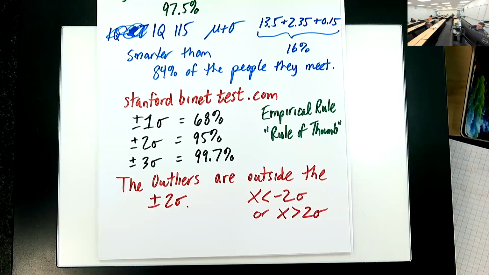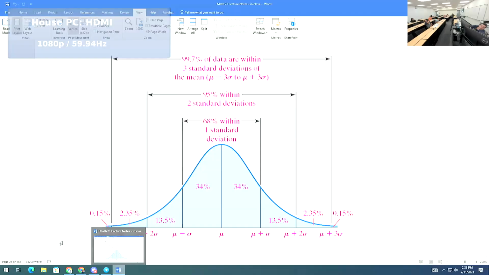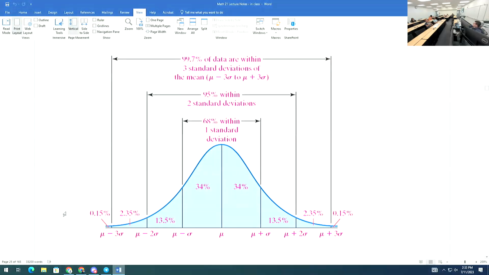If you guys look up that file on Canvas with the lecture notes, what page is this? Page 25 has a nice pretty picture. So this is page, I guess I'll have to put the screen back up, but like it's in the lecture notes, page 25.